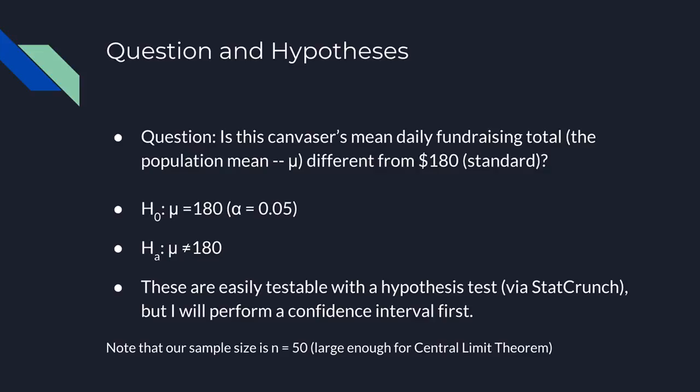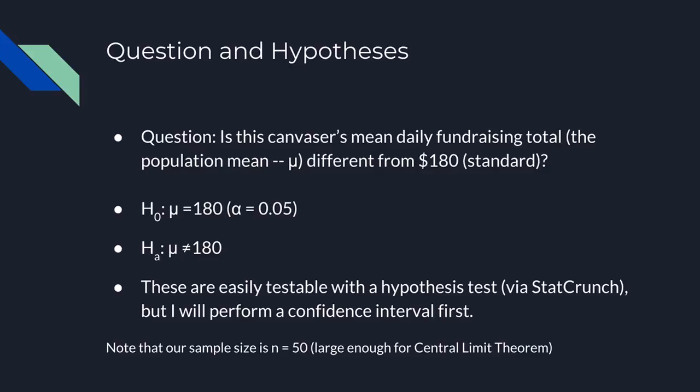In other words, the null hypothesis is that this canvasser's mean daily fundraising total is $180. The alternative hypothesis is mu is not equal to 180. In other words, this canvasser's mean fundraising total would not be $180.